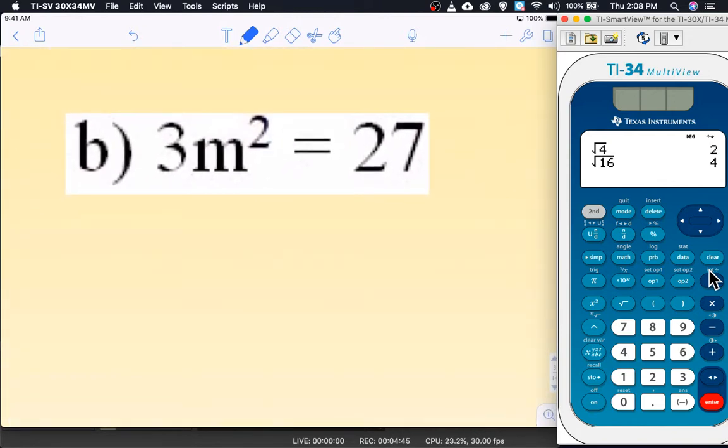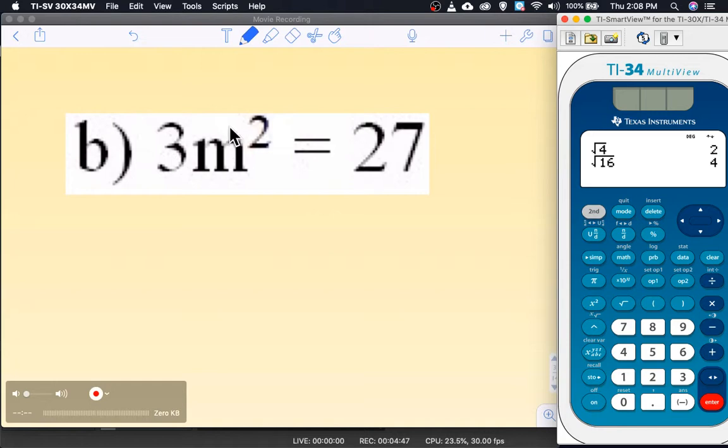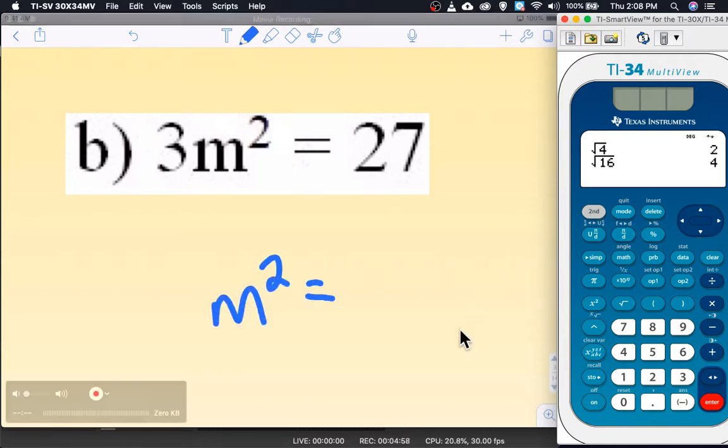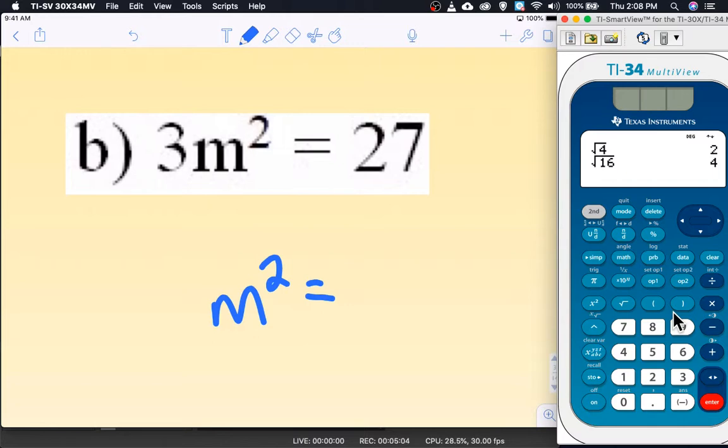We saw problems like this previously where the variable is not by itself yet. This is 3 times m squared equals 27. In order to get to the point where we can square root, we can only square root when it looks like this. We can't have any other junk with the variable, only the variable and the exponent. So to get there, we're going to get rid of that multiplied by 3 by dividing by 3.